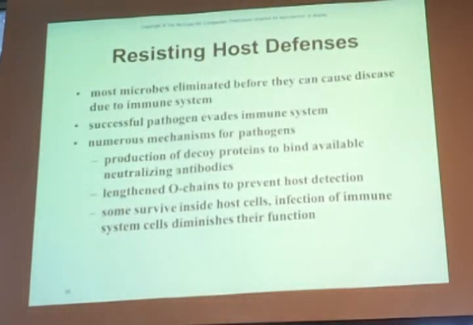Here, like resisting host defense, I think it's worth mentioning this stuff a little bit now. This is basically talking about what the organism can do to resist defenses, some of the things that we already talked about before.